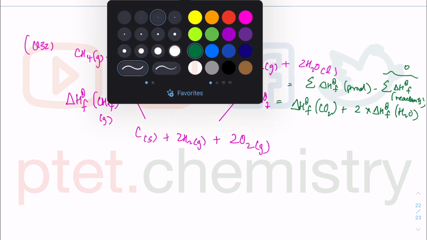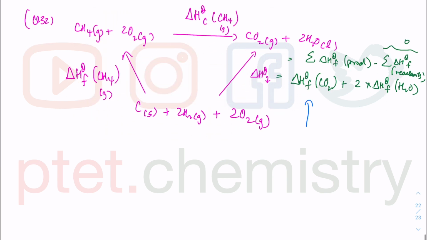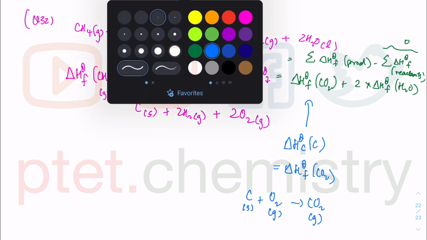Alright, so what can we learn from this exactly? This thing here, the delta H combustion of carbon, is equal to the formation of CO2. If you write an equation for this, it will make entire sense, where this is the balanced equation. You could be thinking about combusting 1 mole of carbon, 1 mole of substance in excess oxygen, or you can be thinking about forming 1 mole of the substance from its elements in their standard states under standard conditions.